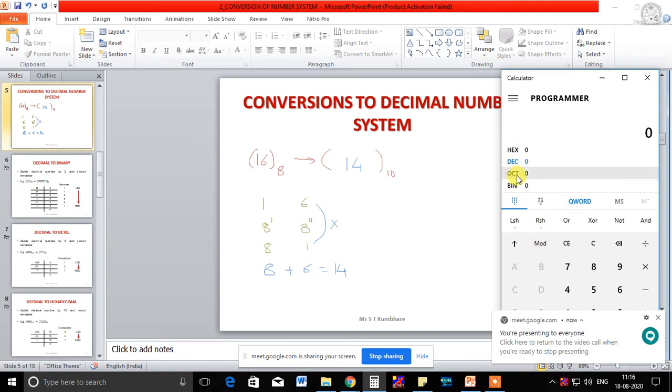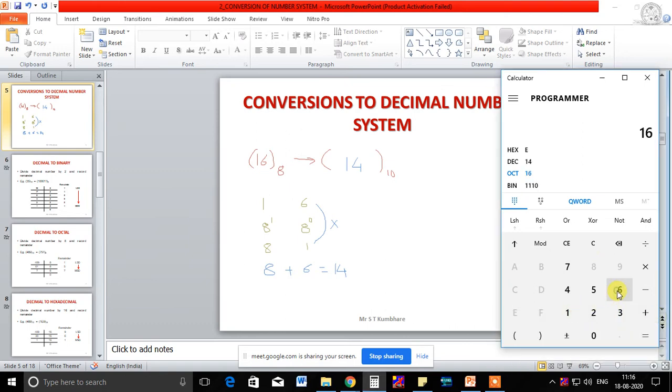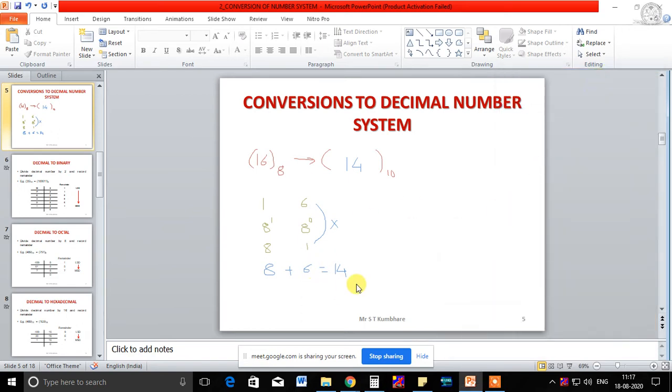So I have 16 octal number. So look, in octal it is 16, in decimal it is 14. So whatever things we are expecting, that we got. So like this, you can cross verify with the help of calculator. You can put it into programmer mode, or if you have a physical calculator, you can convert the base, and then you can do it. Now let's start the presentation.